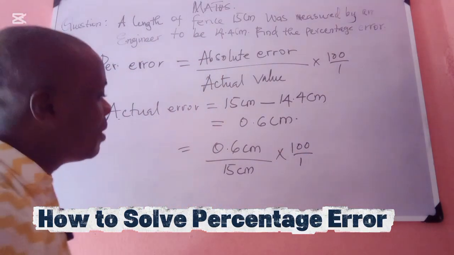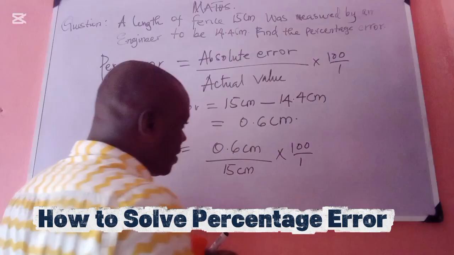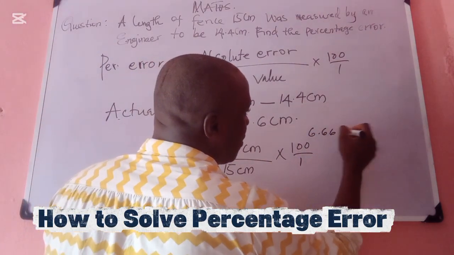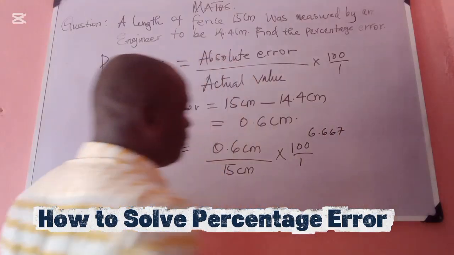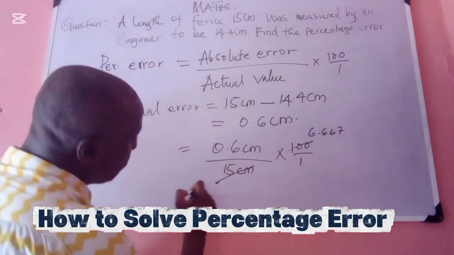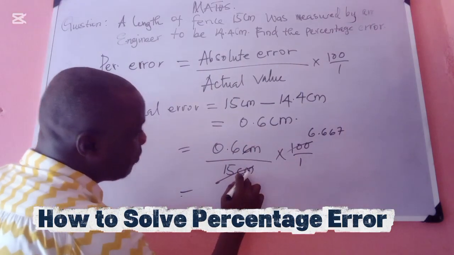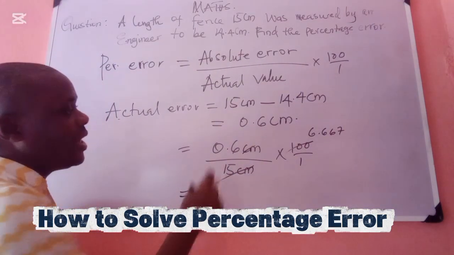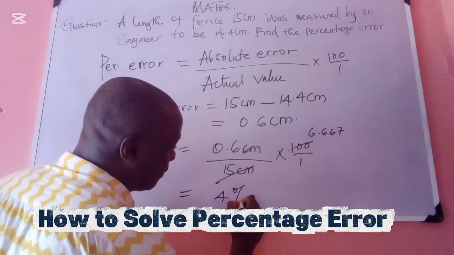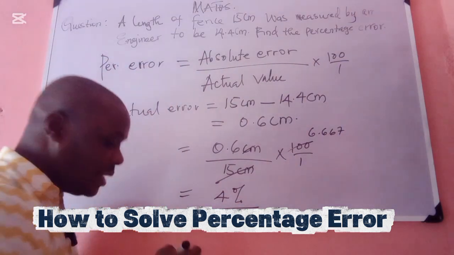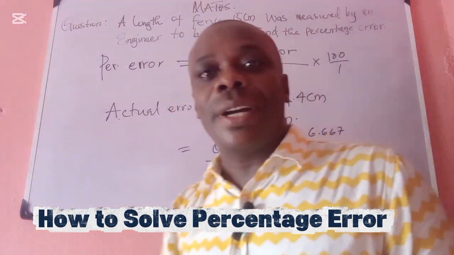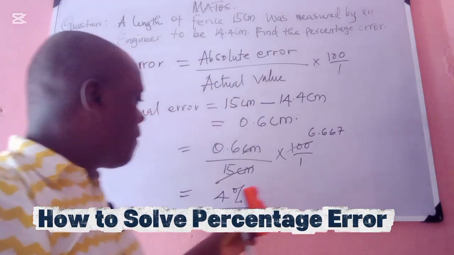So now, if we divide this by this, we have 6.66, approximately 7. So this will go into this, and this will go into this, and this one we cancel out. At this point, if you multiply this times this, we now have 4%. So the percentage error from the question is 4%.